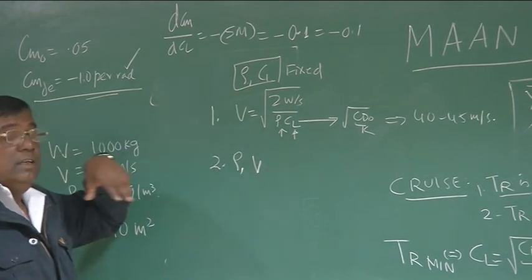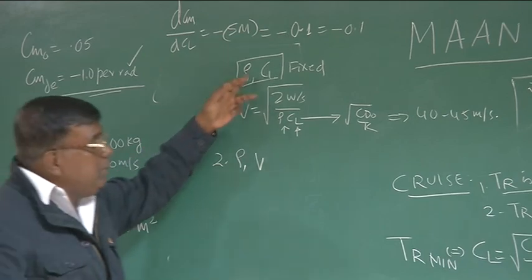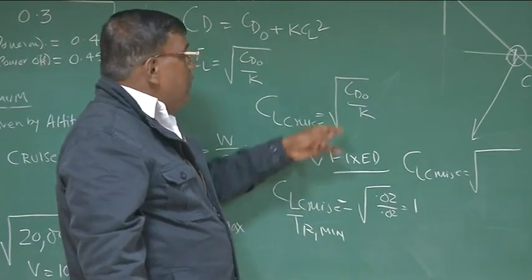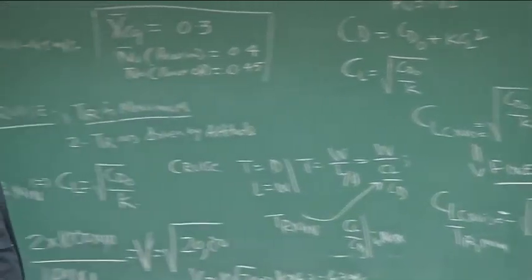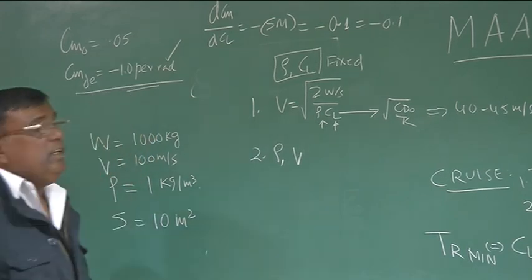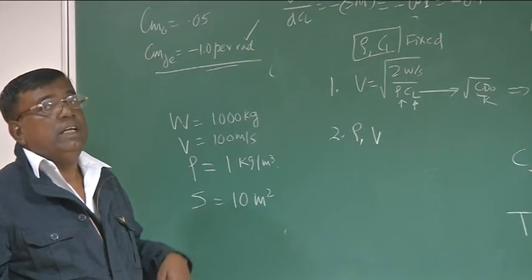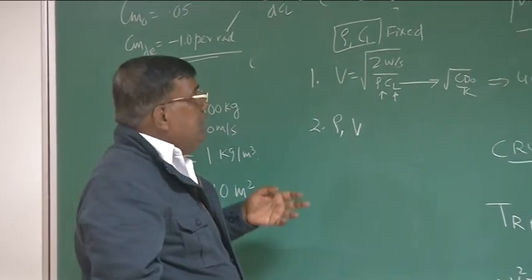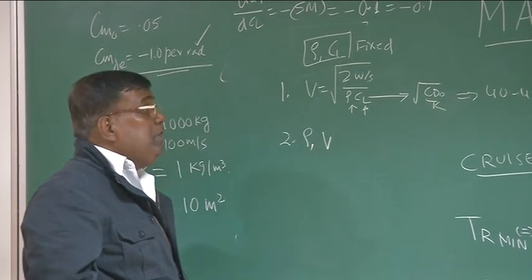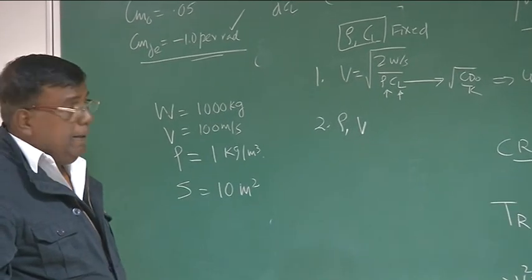CL was fixed because CL has to correspond to thrust required minimum, which is given by under root of CD naught by K. So, first case, rho and CL were fixed. So, naturally, since you are cruising, lift equal to weight, the V automatically gets fixed. So, that becomes V equal to around 40 to 45 meter per second for this example, right?